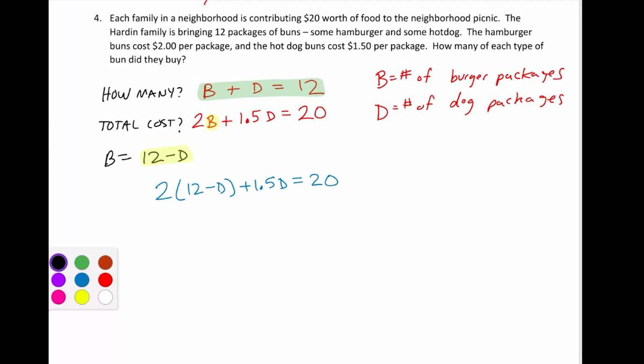Need to use the distributive property, which will give me 24 minus 2D plus 1.5D equals 20.